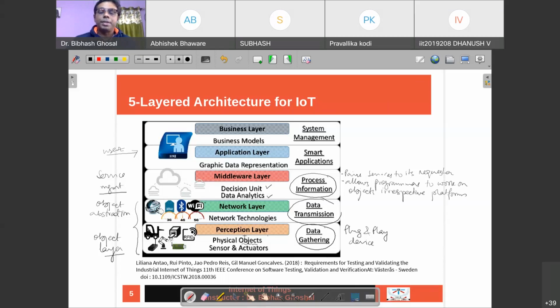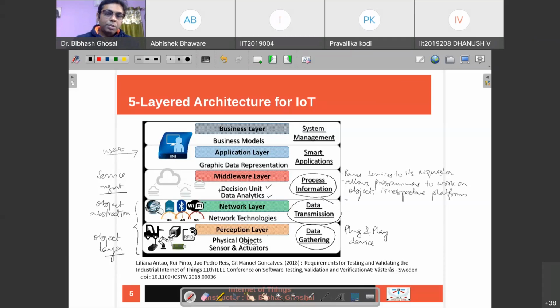That is the best thing that we have. It's kind of an abstraction that is created, and I am looking at that abstraction without going into the details of the underlying platform. So this is the role played by this middleware layer or service management layer.